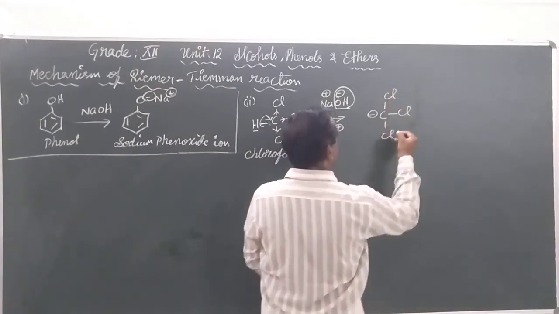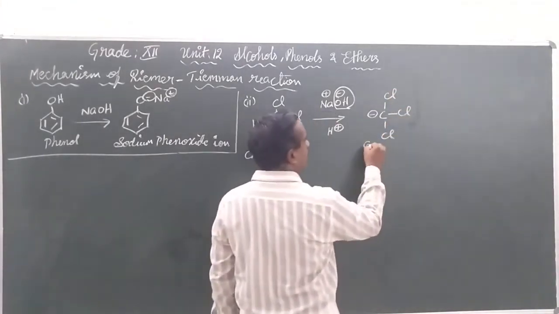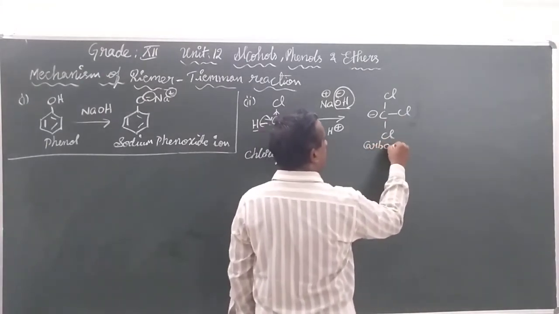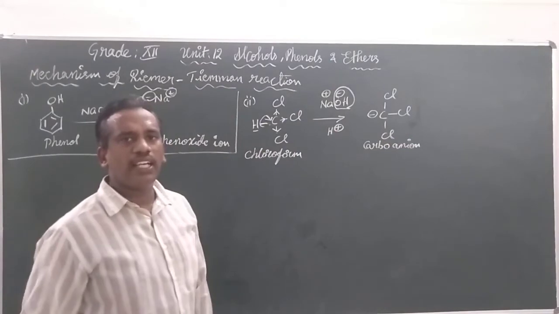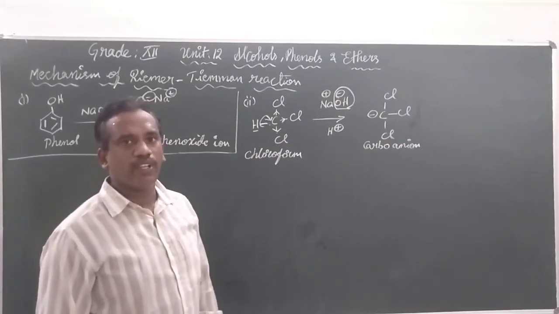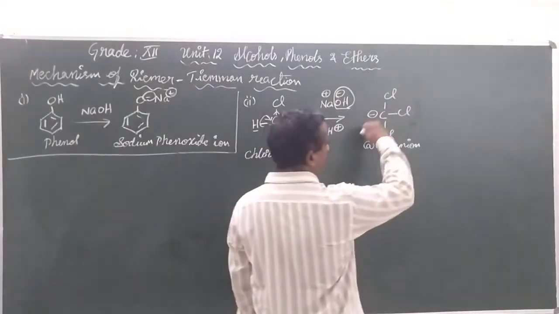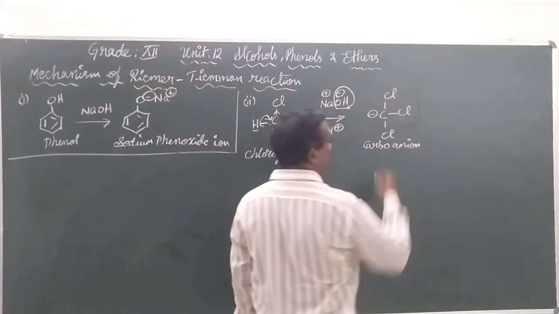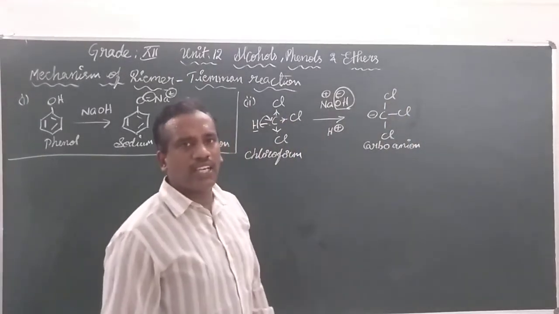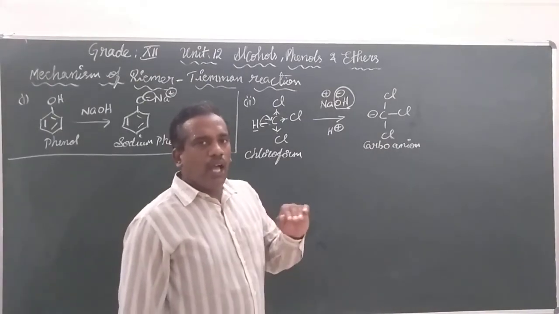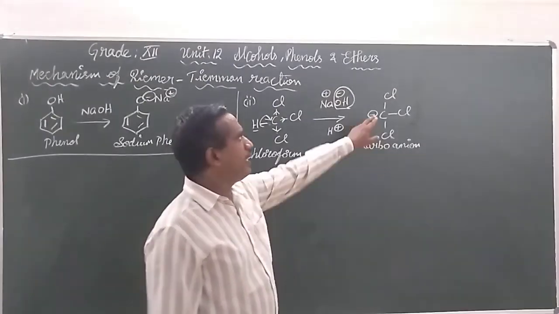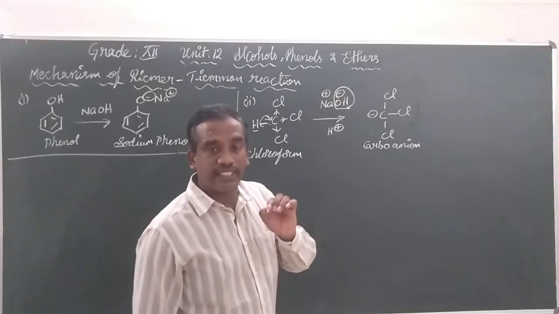How have we written it as C minus? In this one, the carbanion has an electron-rich center, because we have 3 bonds, meaning 6 electrons, and 2 more, totally 8 electrons. But the negative charge is an electron-rich center.